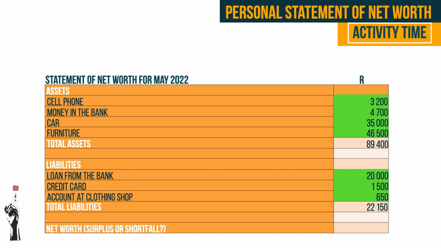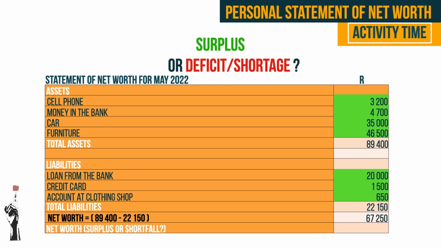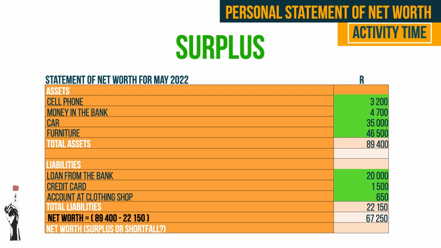To calculate your net worth, you take your assets minus your liabilities and the answer is 67,250. So, once again, is it a surplus or a deficit or shortage? Yes, you are correct. It is a surplus because your assets are more than your liabilities.